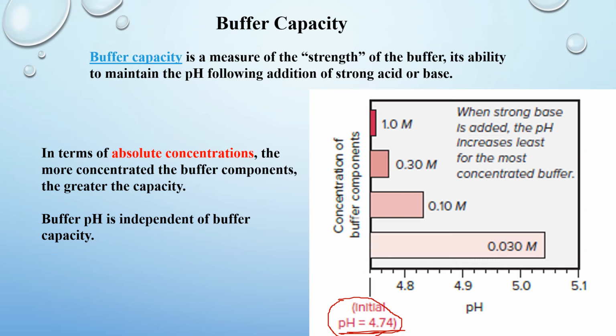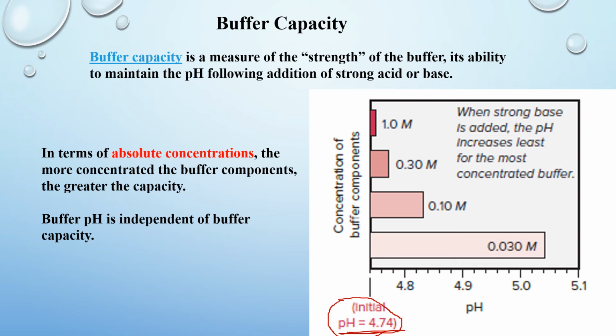So now let's see what happens if we add a base into this acid buffer. If the absolute concentration is 1.0 molar, that means the initial concentrations of the acid and base are all equal to 1.0 molar.